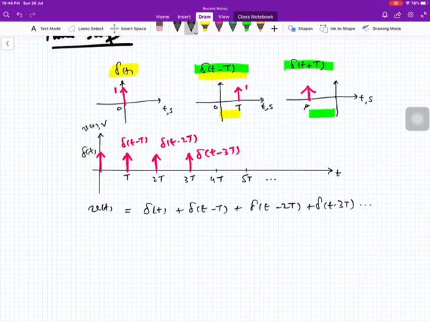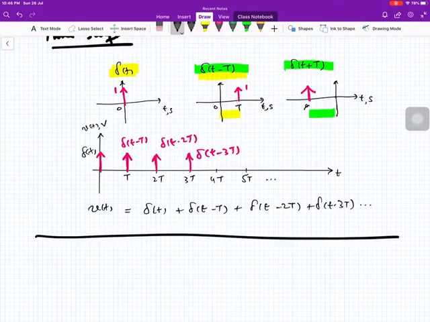So this is a train of impulses, and this concept is extensively used in digital signal processing. You will study in the following semesters.